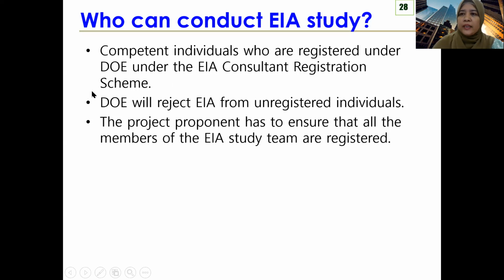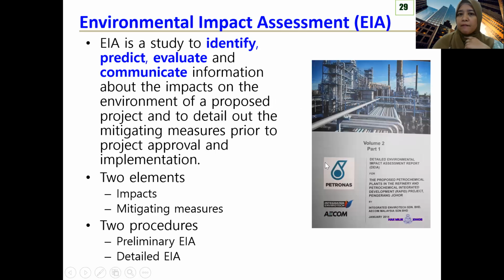Okay, so it can be practitioners, it also can be academicians who have the expertise, who are maybe professors or lecturers in biology, in chemistry, for instance, so if they register themselves with DOE under the EIA consultant registration, they can undertake EIA. DOE will reject EIA from unregistered individuals, and the project proponent has to ensure that all the members of the EIA study team are registered, mestilah berdaftar.